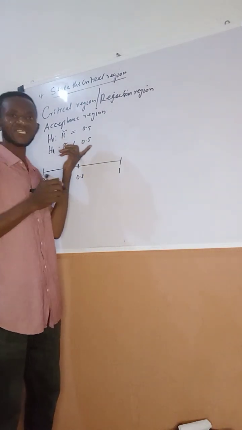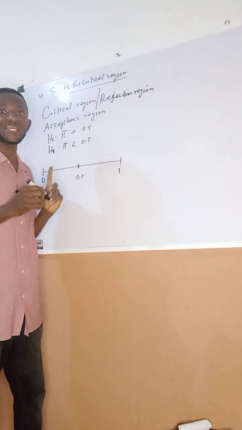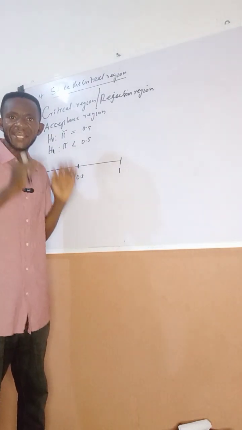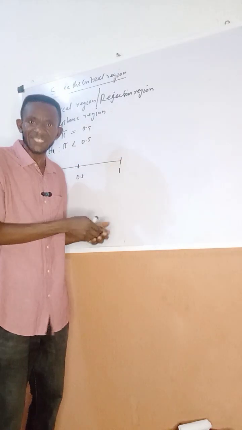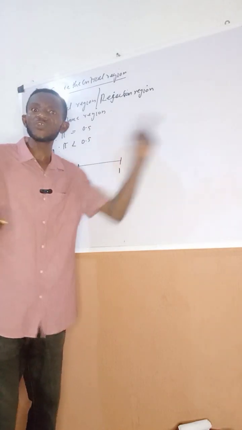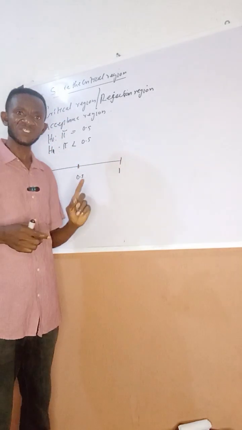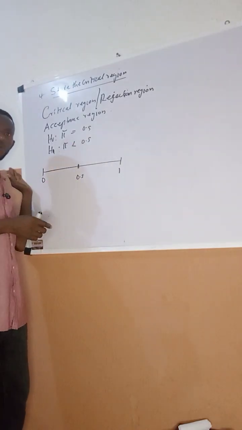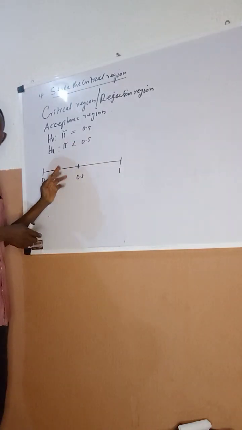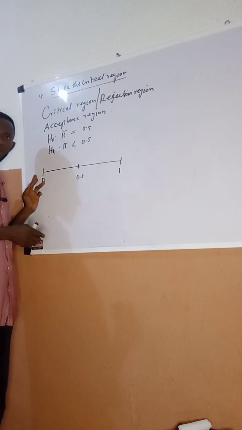This is what you are testing. So you are going to define a critical region. A critical region means a set of possible values of the test statistic that can lead you into rejecting the null hypothesis. And if you come here, we are now going one directional, so we are somewhere from here down here.